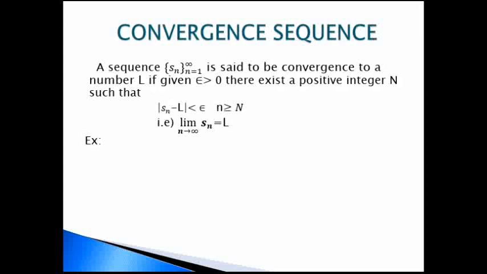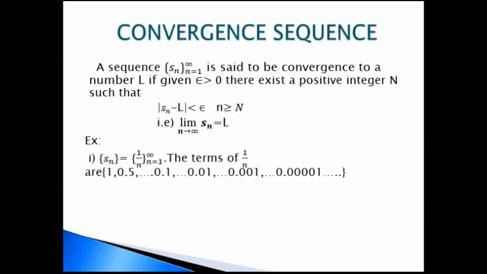For example, the sequence Sn equal to 1 by n, n equal to 1 to infinity. The terms of 1 by n are 1, 0.5, etc. If n equal to 1, then f of 1 equal to 1. If n equal to 2, then f of 2 equal to 0.5.